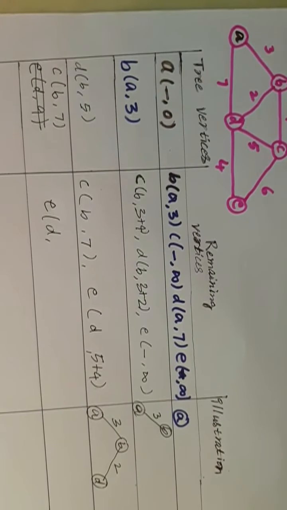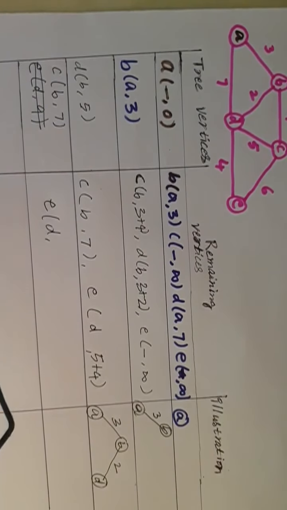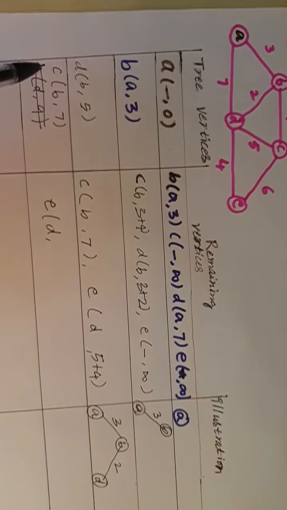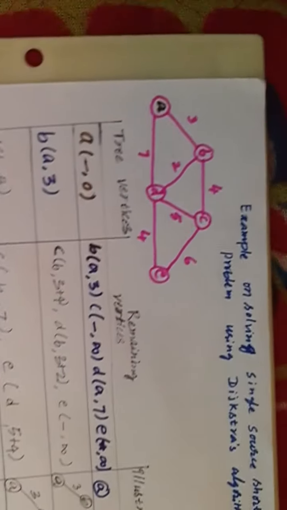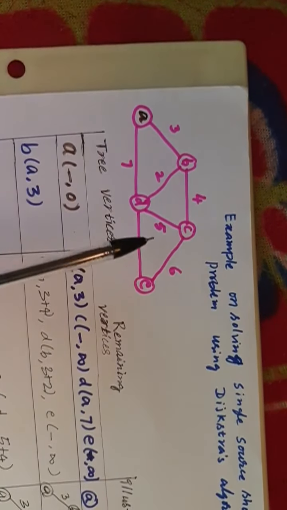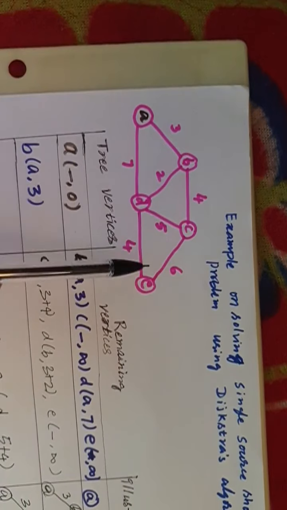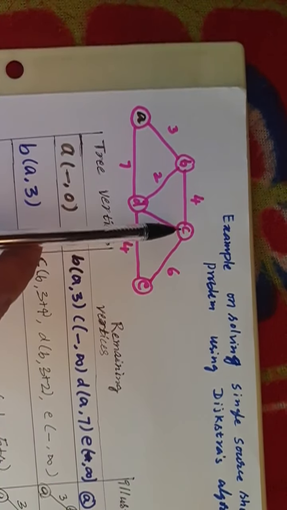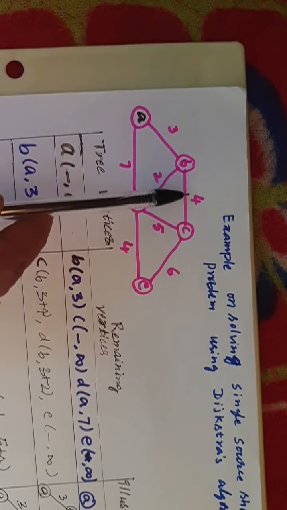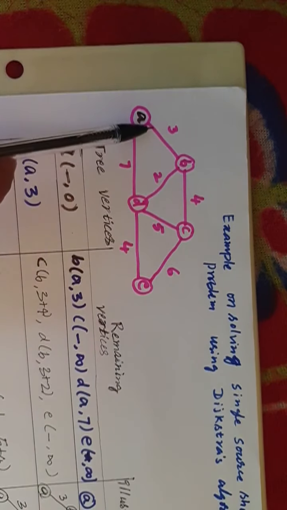Is it possible to update the cost of E, because we got one more vertex in the tree, that is C. Can I reach A through C? We will verify it. Yes, we can reach. Cost is E to C is 6. 6 plus 4, 10. 10 plus 3, 13.